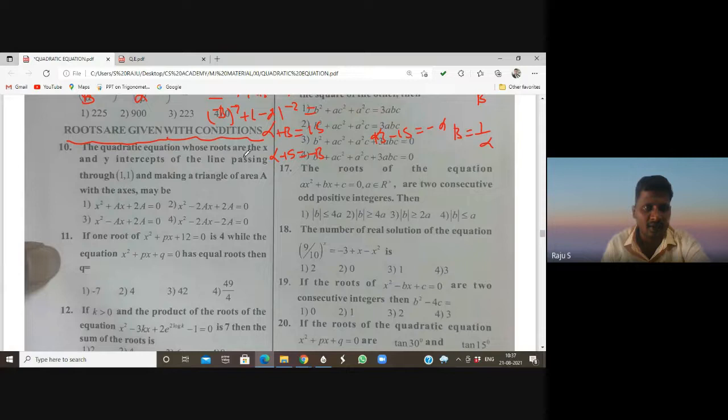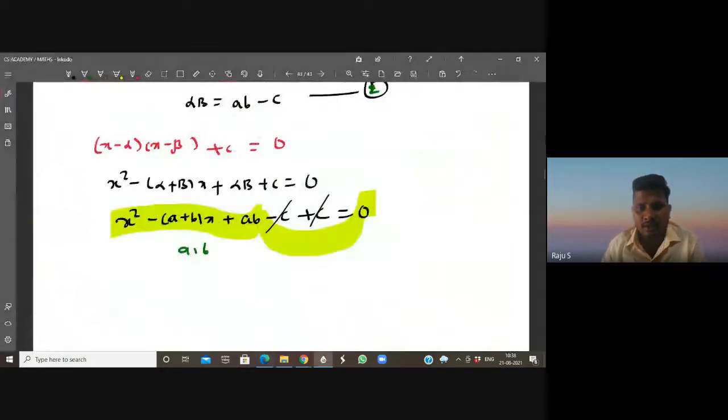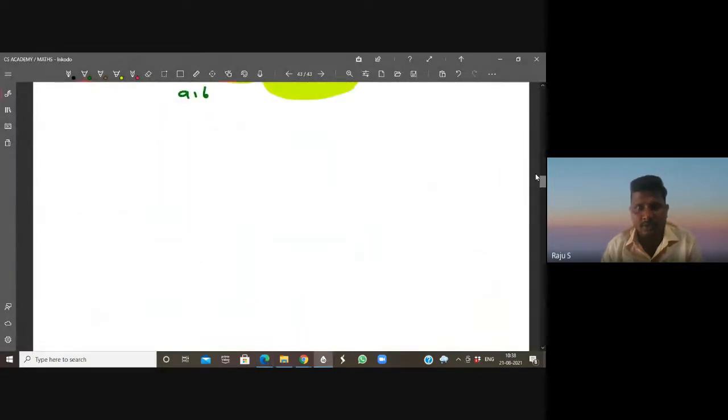The quadratic equation whose roots are the x and y intercepts of the line passing through (1, 1) and making a triangle of area capital A with the axes. Capital A is the area of the triangle. So we have to find the quadratic equation in terms of capital A. It's simple. Look here.